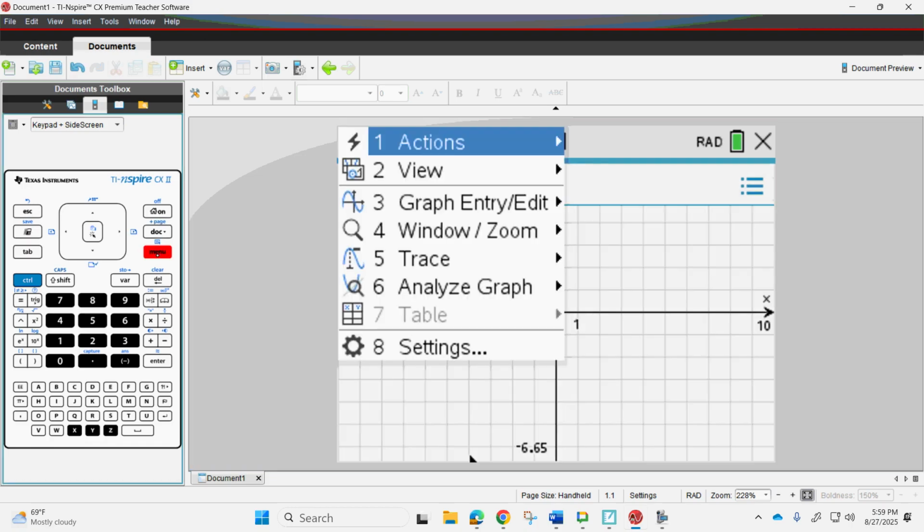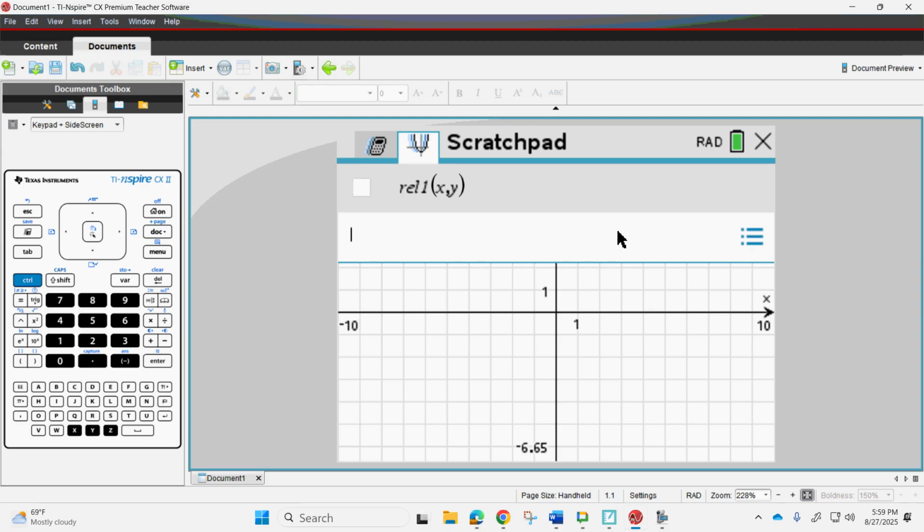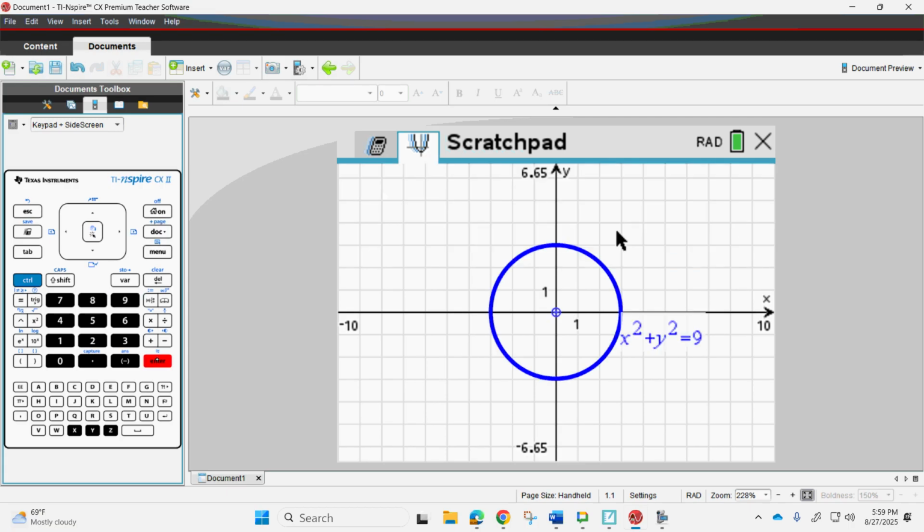I could switch to graph entry and turn it to a relation and type in x squared plus y squared equals, I think it was 9. And boom, you've got a graph.